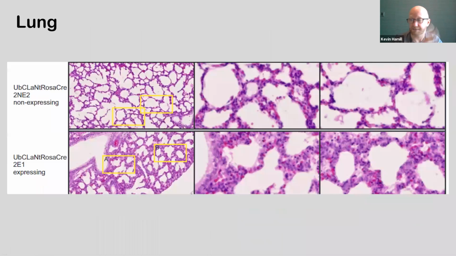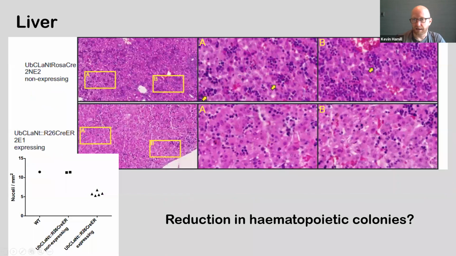But when we look at the expressing mice, we have this thickened and disrupted alveolar epithelium, again with blood passing through it. Big caveat, big flag to wave: these were not inflated at the point of fixation, so it's harder to interpret these data, but it does point to the possibility that there could be a fibrotic type response going on within our lungs.